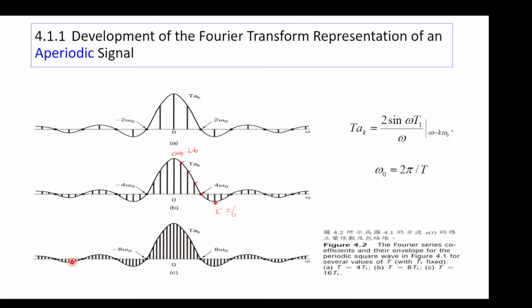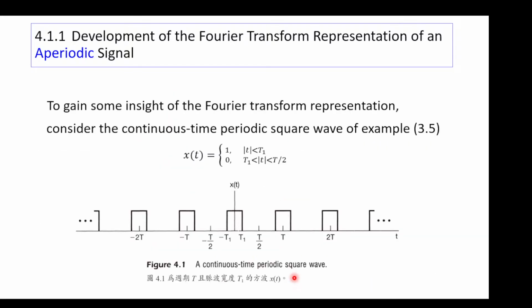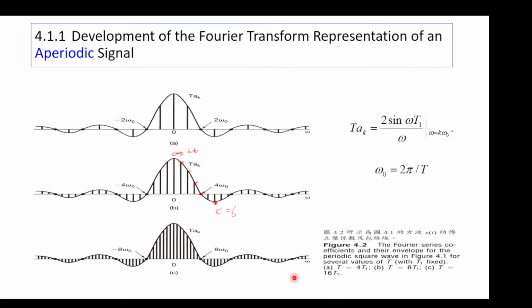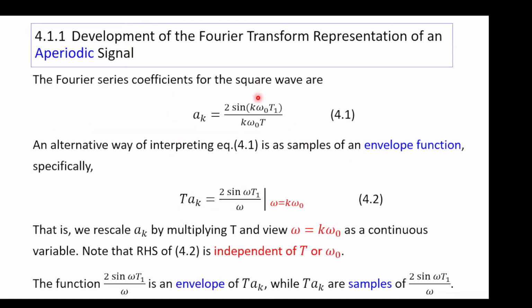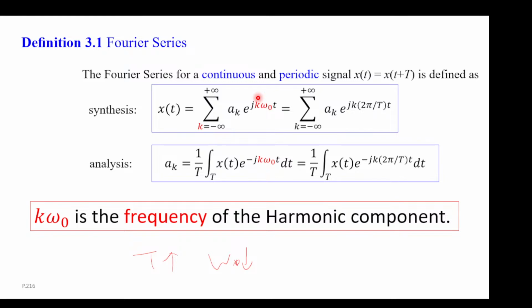So the rough idea is that as big T goes to infinity, we are sampling every point on this envelope function. So we can think of this envelope function as some kind of frequency domain, where omega is the frequency. Remember, omega equals k omega naught, and we spent a few minutes talking about k omega naught being the frequency of the component.